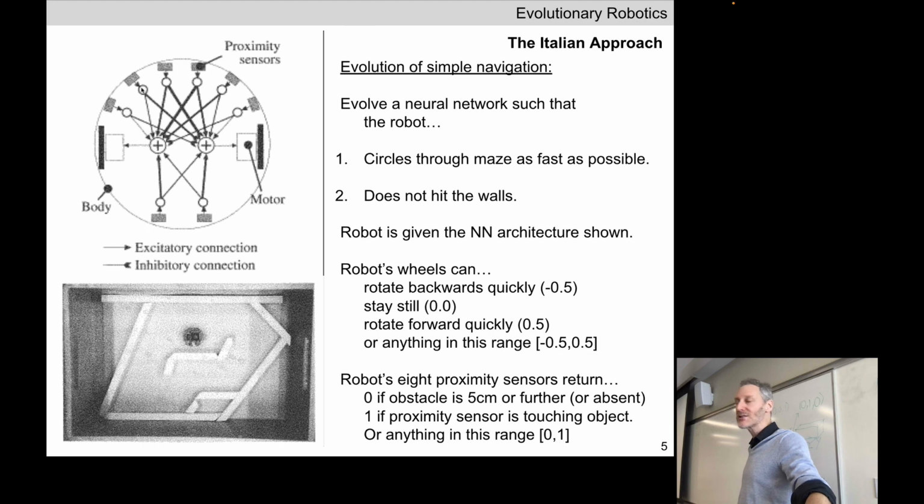High sensor values mean high proximity. If these sensors on the left are firing more strongly, they are more strongly inhibiting the right-hand motor. They're driving down the angular velocity of the right-hand motor, which causes the robot to do what?